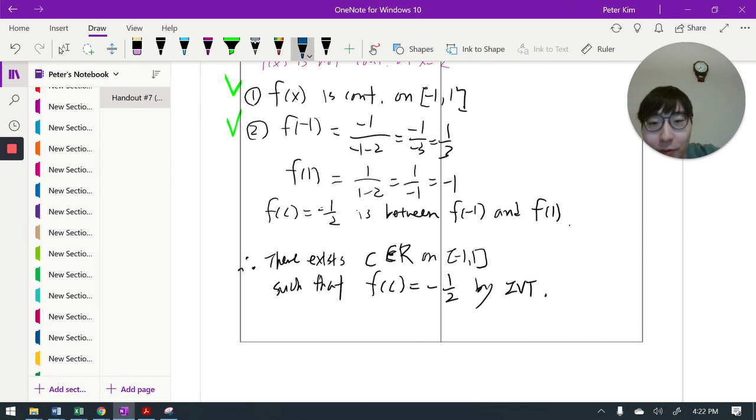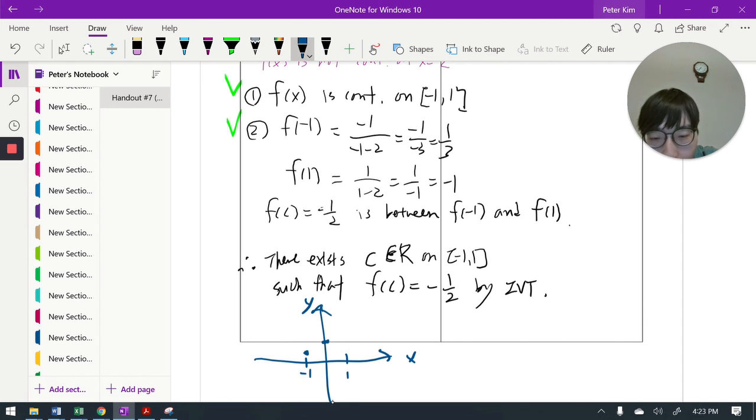Graphically speaking, what does that mean? You don't really have to rely on a graph once you get used to IVT. When x is -1, it was 1/3, so 1/3 is like here.